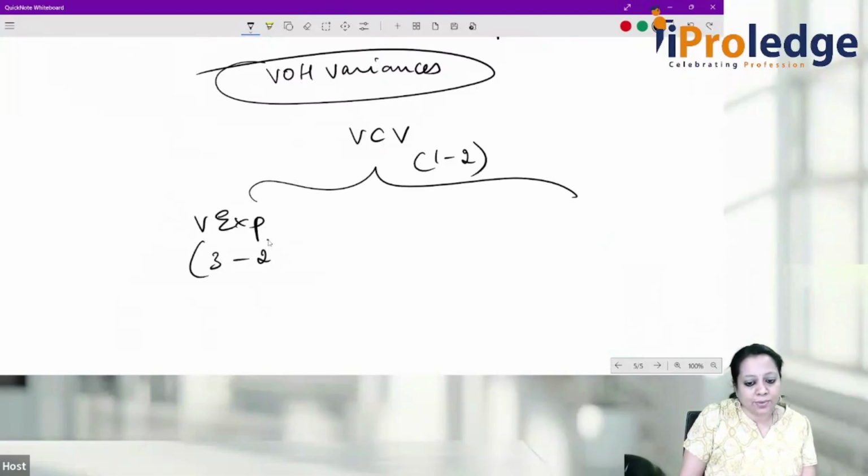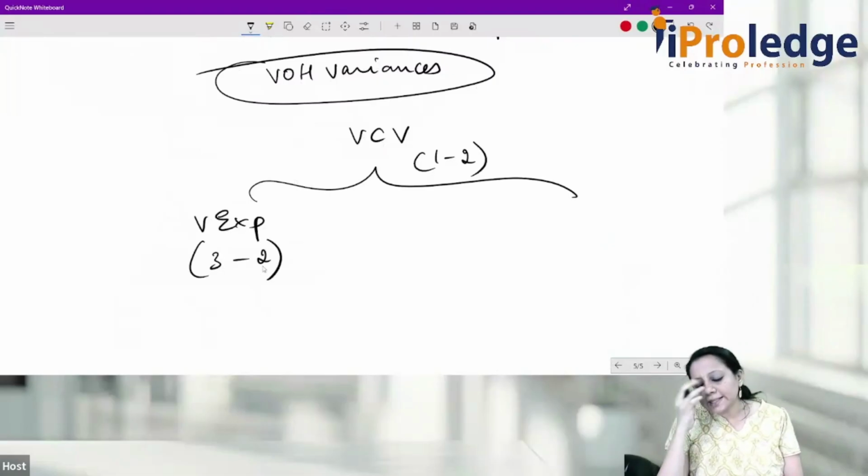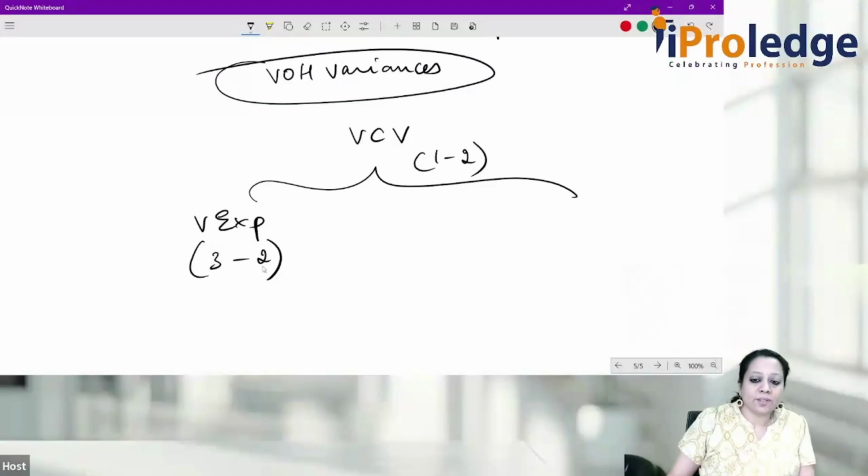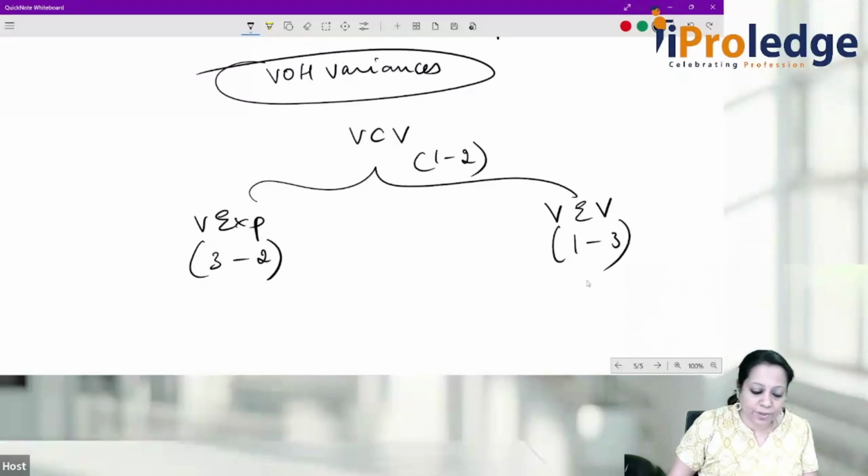That is 3 minus 2. Some textbooks may say it as rate variance also, but expenditure is the correct way of saying. Usually we say expenditure as far as overhead is concerned. Then variable overhead efficiency variance. This is 1 minus 3, of course.